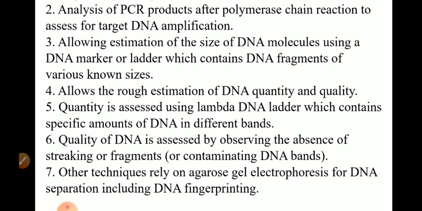Other techniques rely on agarose gel electrophoresis for DNA separation, including DNA fingerprinting. So for DNA fingerprinting also we perform electrophoresis, where we use agarose gel electrophoresis. We estimate PCR products also. We analyze DNA fragment size, so molecular weight.